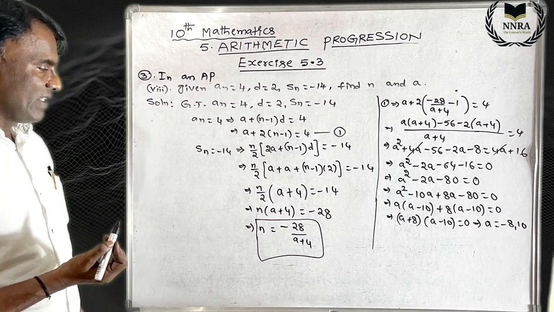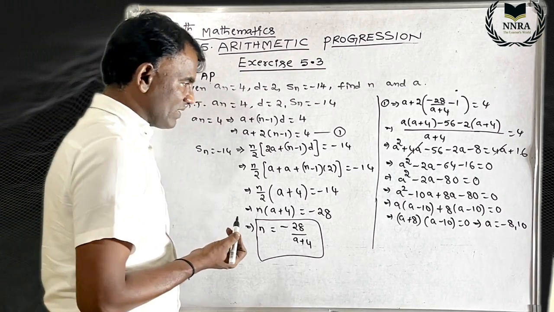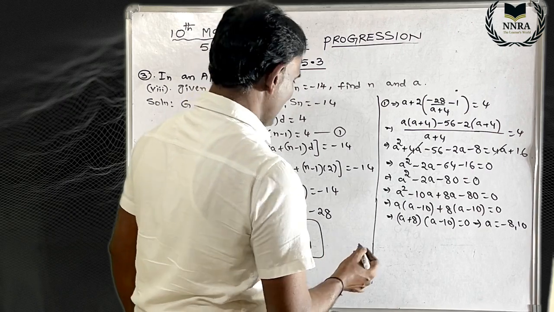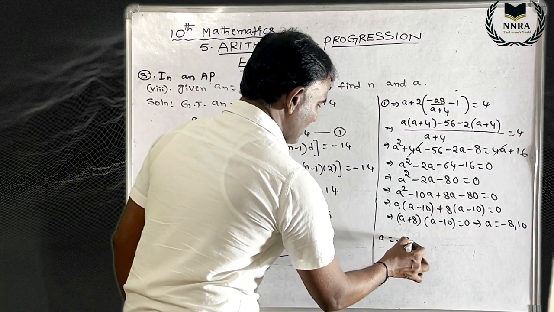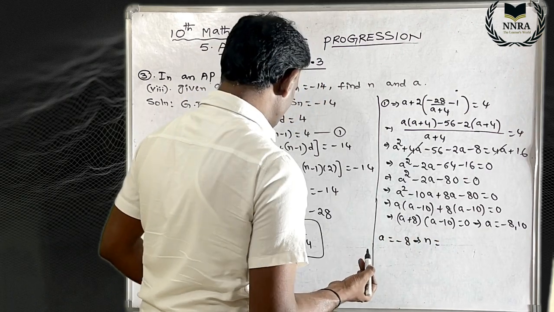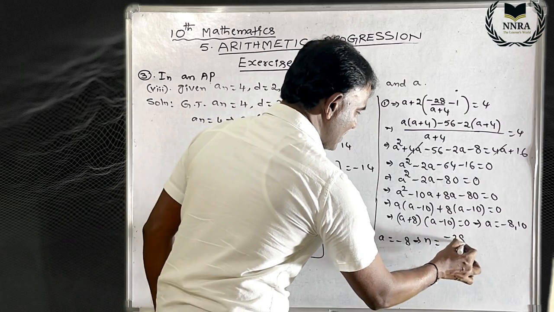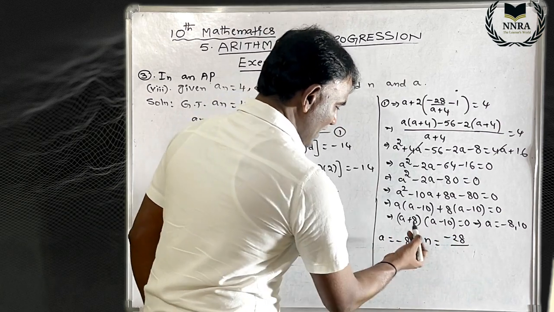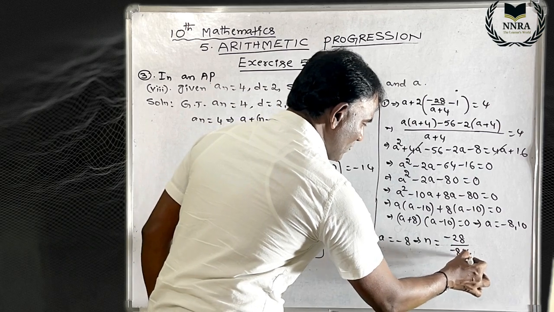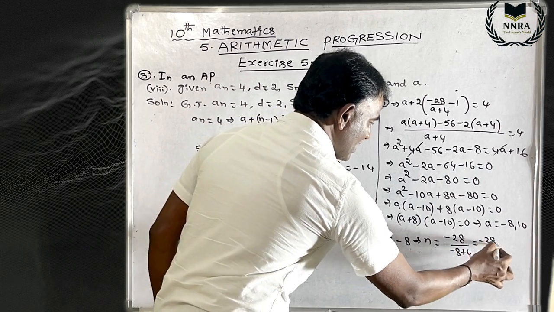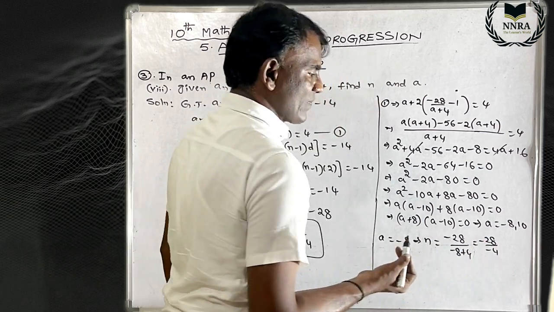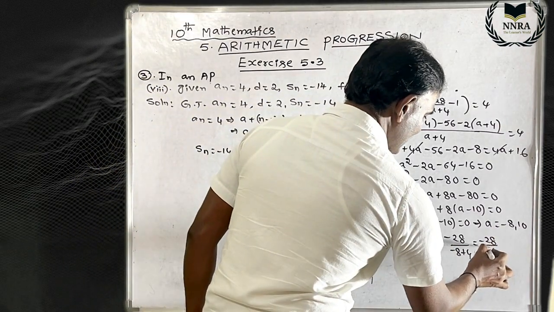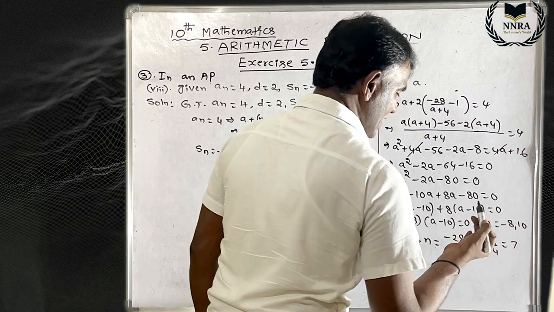Now we find the n value. How to find the n value? Suppose if we take a equal to minus 8, then what is the value of n? n can be written as minus 28 divided by a plus 4, a means minus 8, so minus 8 plus 4, that is minus 28 divided by minus 4. Then how much is it? 4 sevens are 28, so n is 7.